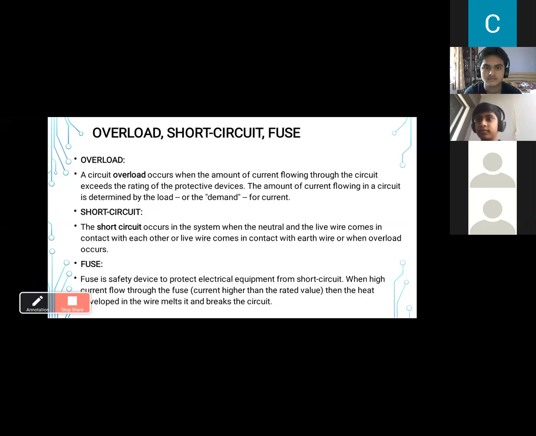Say the voltage is 100, and we have a geyser and a bulb. The geyser will have more demand for current because it has more resistance. So the demand for current depends on the resistance of the appliance.